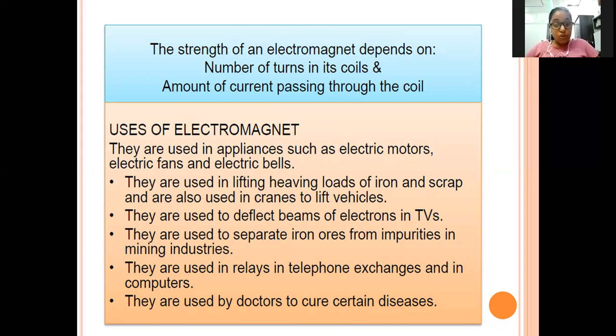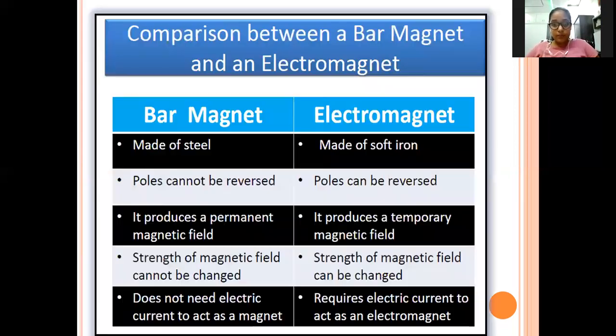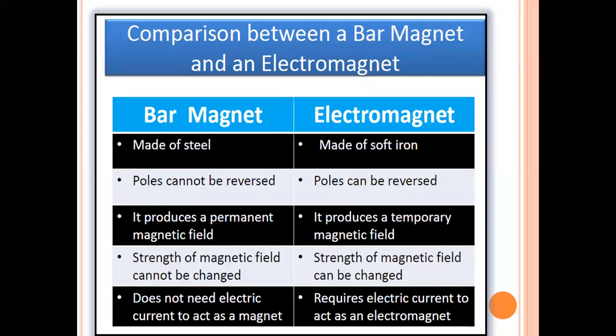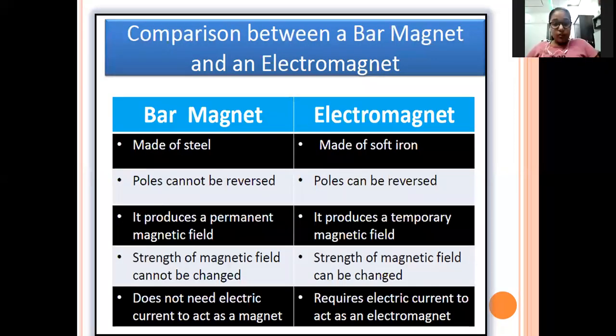They are used to deflect beams of electrons in TVs. They are used to separate iron ores from impurities in mining industries. They are used in telephone exchanges and in computers. They are also used by doctors to cure certain diseases. These were the uses of electromagnet.